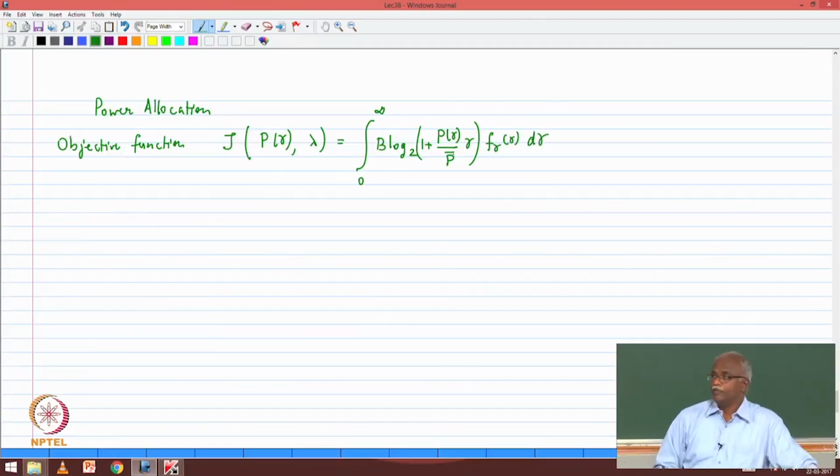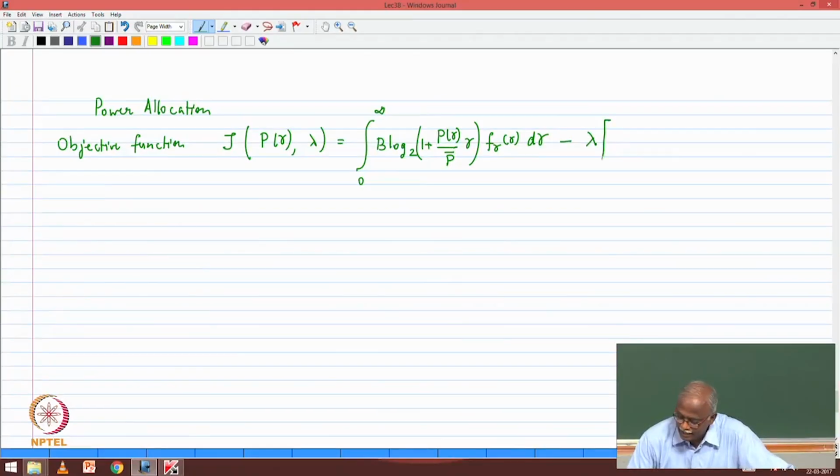That's the objective function. That's what I want to maximize, subject to a power constraint. So minus lambda times integral 0 to infinity P of gamma by P bar f gamma of gamma d gamma minus 1.